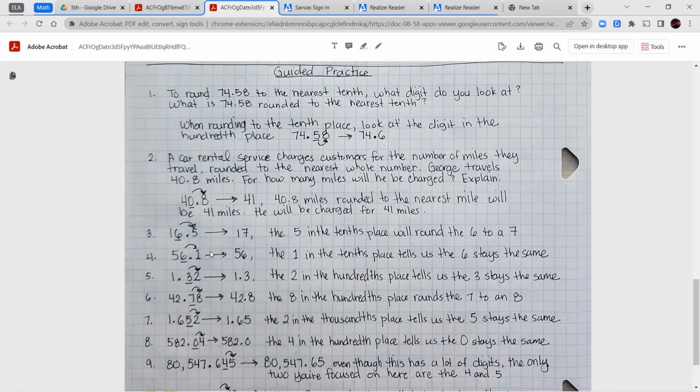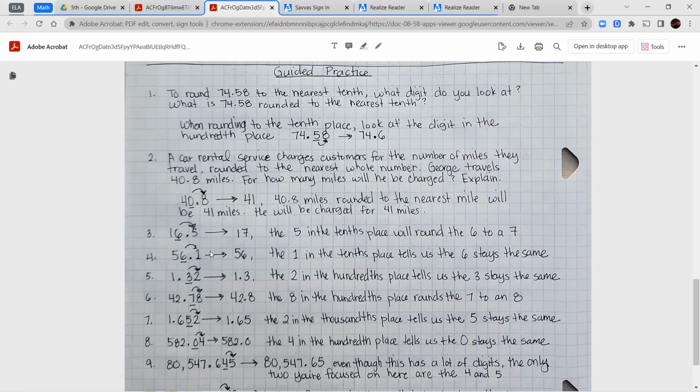For number 2, it says a car rental service charges customers for the number of miles they travel, rounded to the nearest whole number. George travels 40.8 miles, or 40 and 8/10 of a mile. For how many miles will he be charged? Explain. So 40 and 8/10, we need to round this to the nearest whole mile. So we're going to look at the ones place. That's going to be our rounding spot.